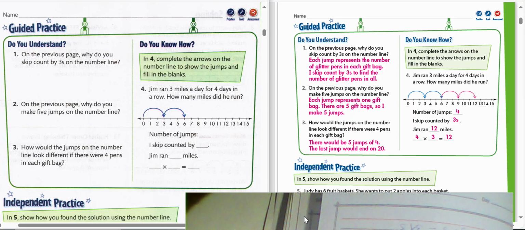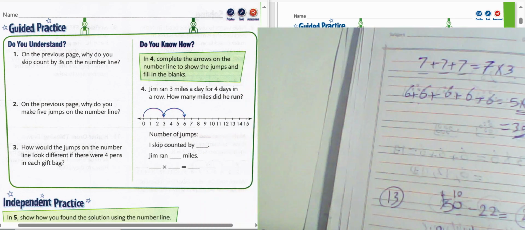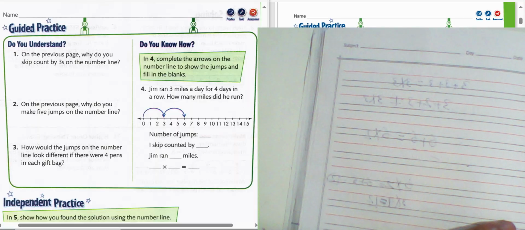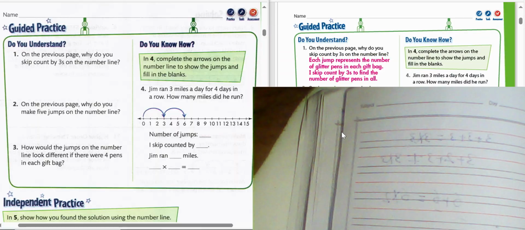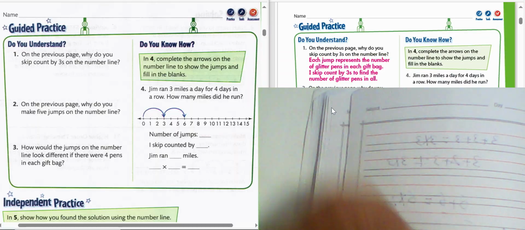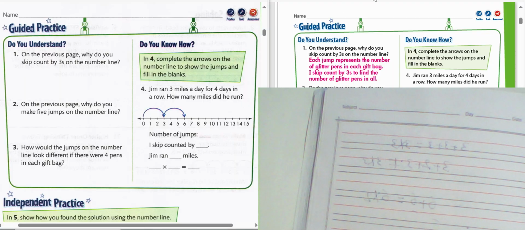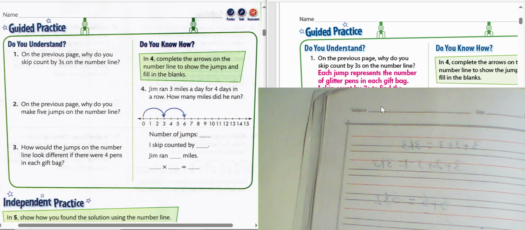The previous page, look here. On the previous page, why do you skip count by 3 on the number line? We start from 0. Each jump represents the number of glitter pens in each gift bag. You know?